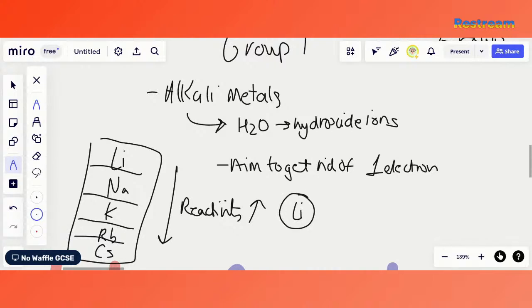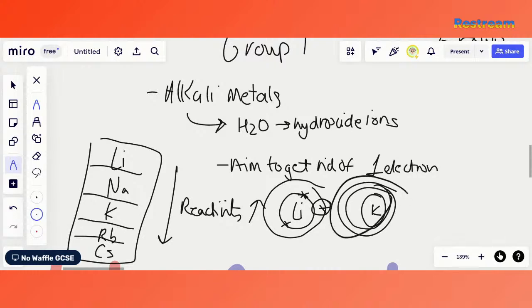Lithium has one shell between the nucleus and the outer electron. However, potassium has a lot more shells, and as you go down the group, the number of shells increases just because the elements increase. Therefore, the distance between the outer electron and the nucleus is much more in potassium than it is in lithium, who doesn't want the electron to go away.